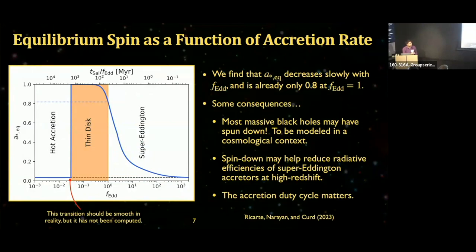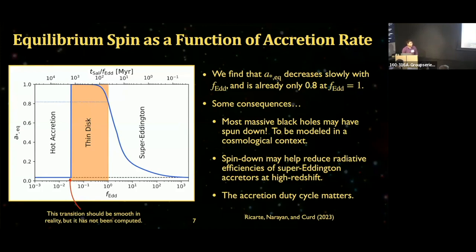So we find that the equilibrium spin is decreasing slowly with the Eddington ratio, again, already 0.8 at an Eddington ratio of 1. And we set things up so that as you move towards a lower Eddington ratio, things converge to a thin disk solution. Now, one thing that we need more work on is this cliff here, which is not real. In reality, this transition ought to be smooth, but this simply has to be studied with radiative simulations on the opposite end, and this just hasn't been done yet.